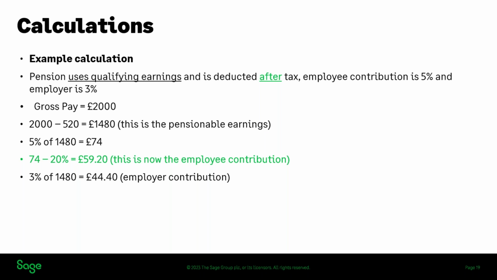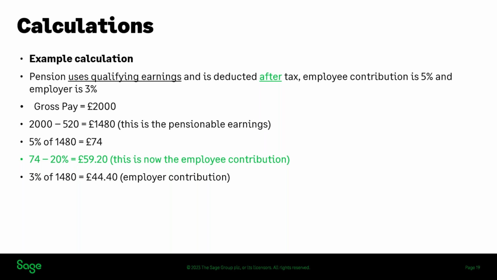This time, however, because it's deducted after tax, we need to factor in the tax allowance, which is 20%. So we also need to now reduce that 74, which is your 5% of your pensionable earnings, by a further 20%, which gives us a contribution amount of £59.20.